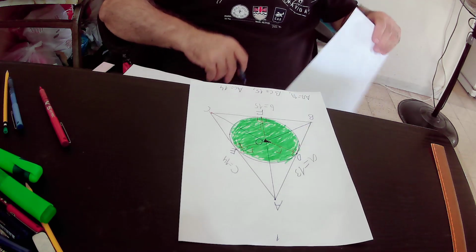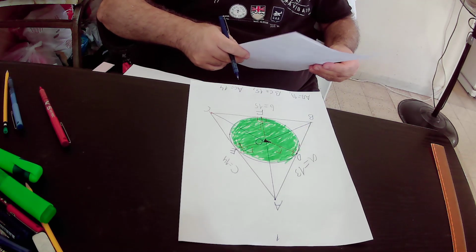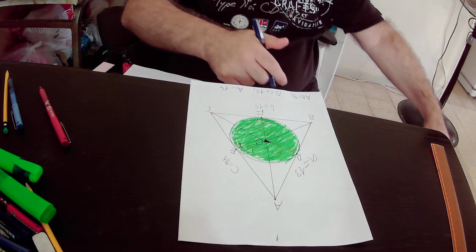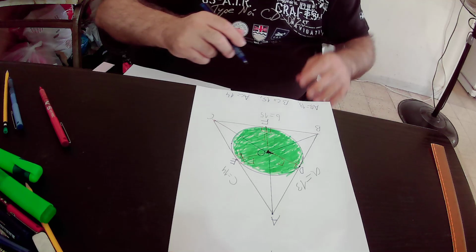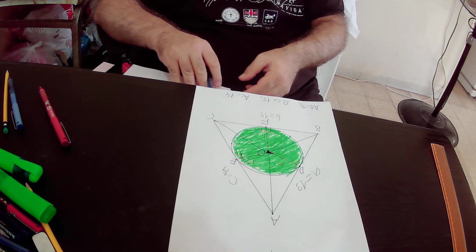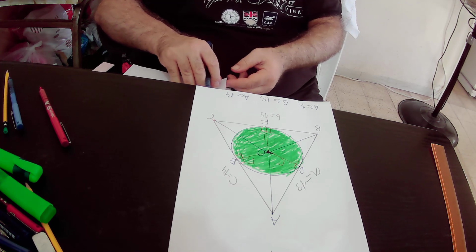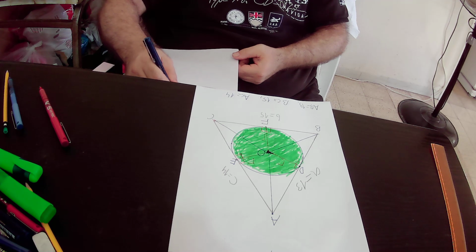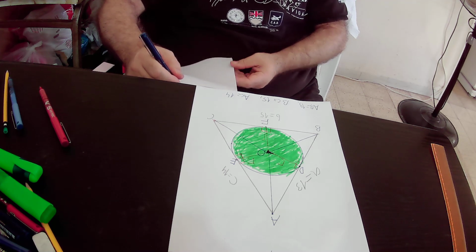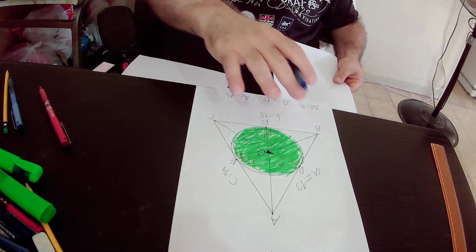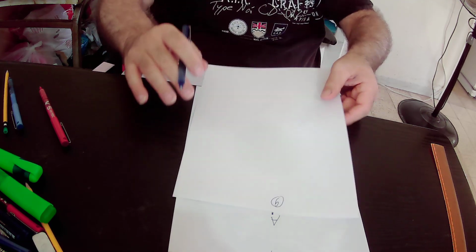So in the next step we will find the area of triangle ABC in a second way. I will present you a second method to find out the area of triangle ABC.